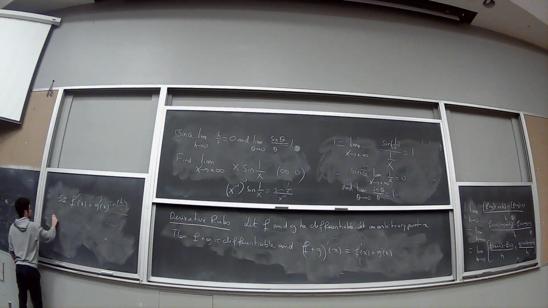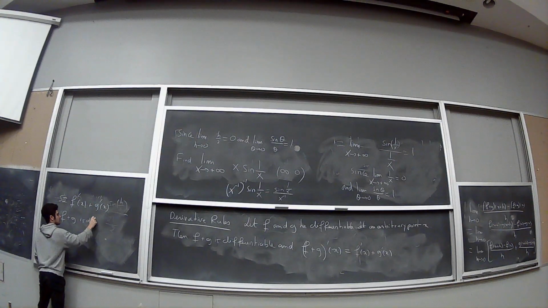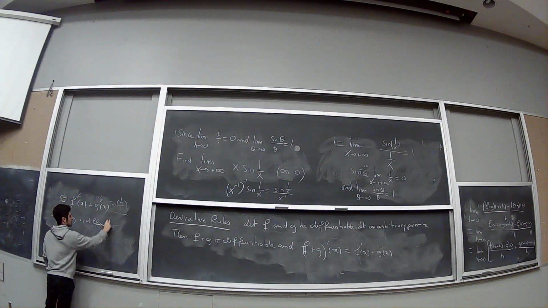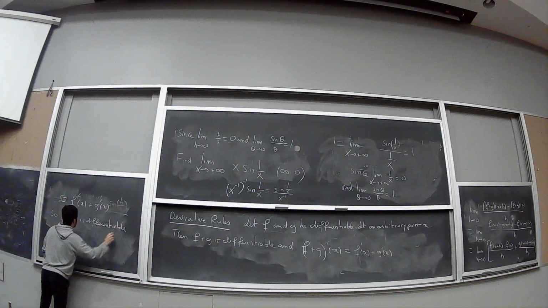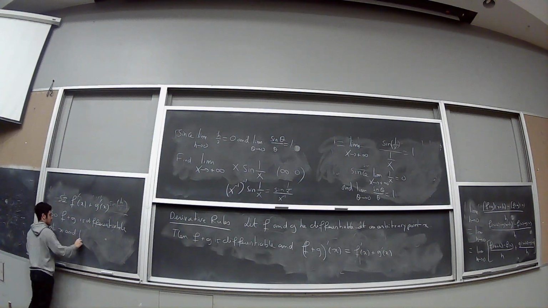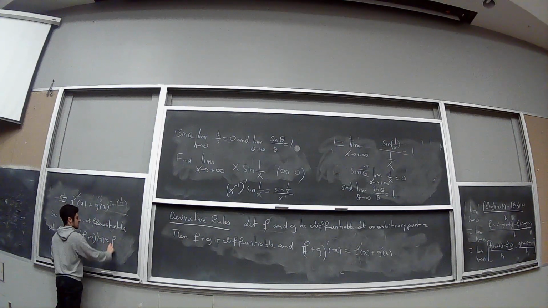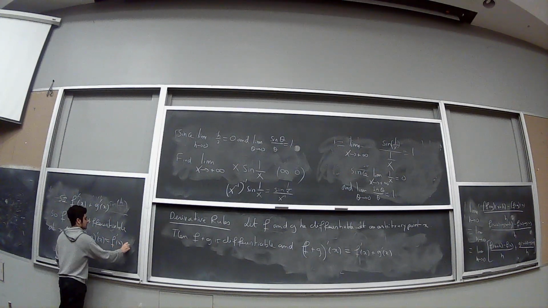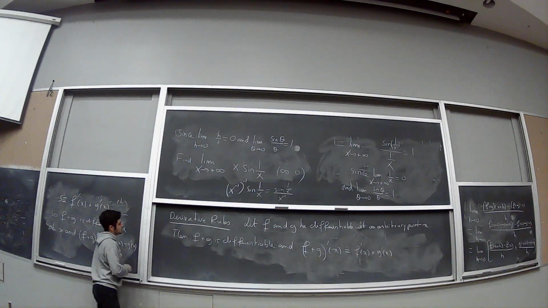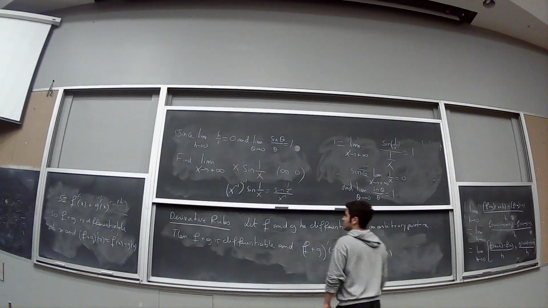So f plus g is differentiable at x, and f plus g prime of x is f prime of x plus g prime of x. Great. Now let's do one more.